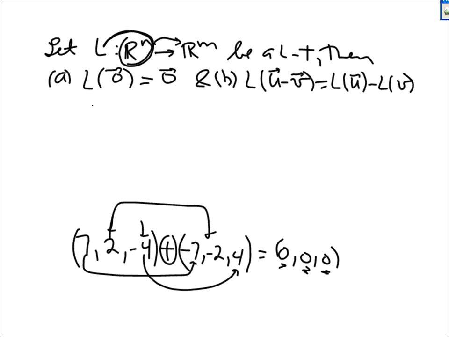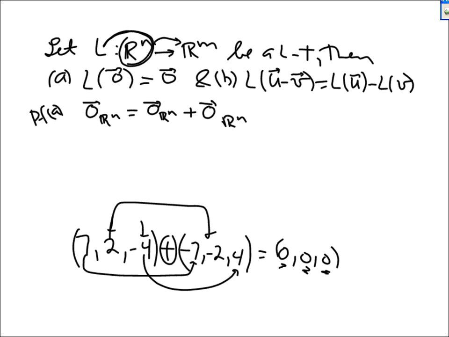Now, the zero vector in Rn is certainly equal to the zero vector in Rn. So here's the zero vector in Rn equals the zero vector in Rn plus the zero vector in Rn.